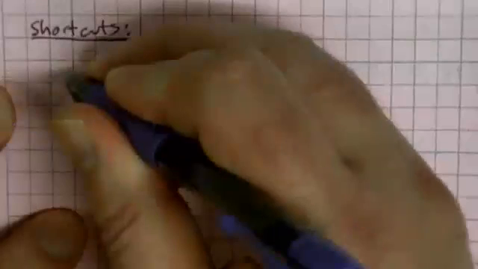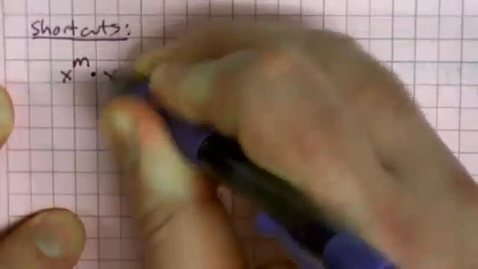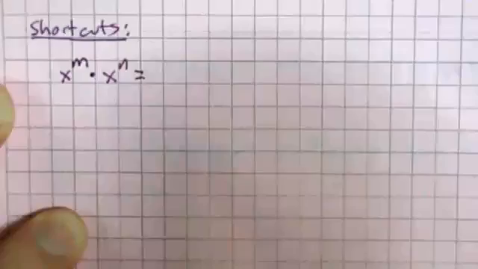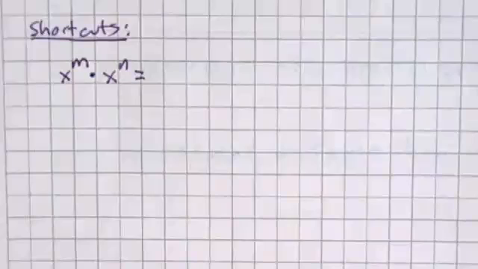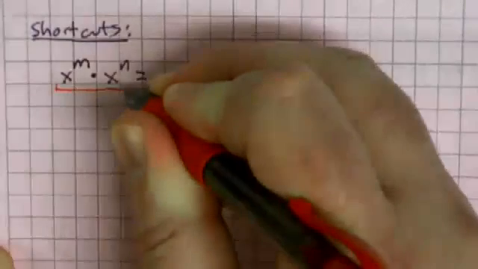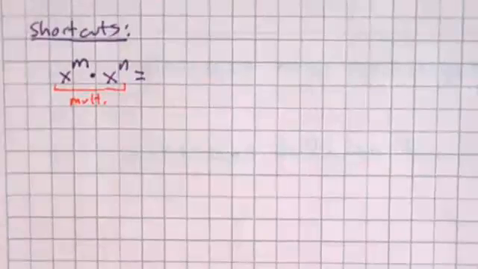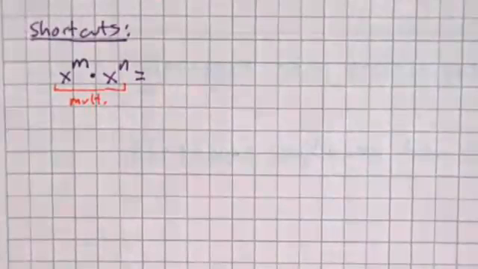So I'm going to write down what it says for generalization. This is going to say x to the m times x to the n equals what? So in this case, we're multiplying the bases. I'm going to make a note of that. We're multiplying two things with exponents.